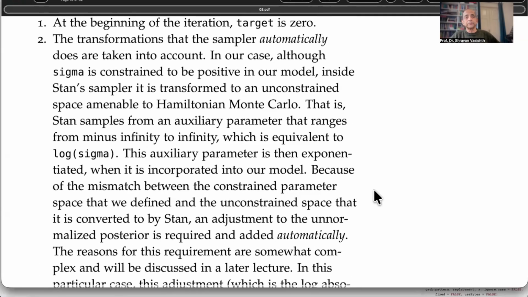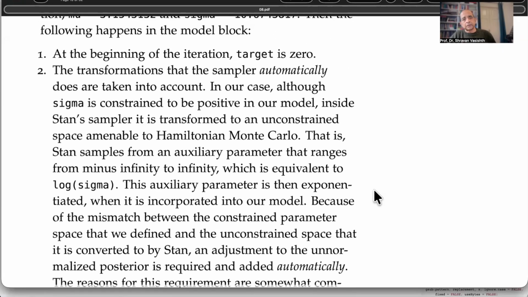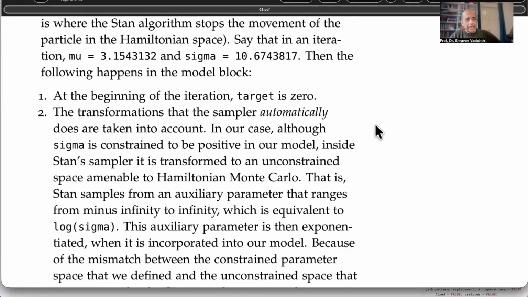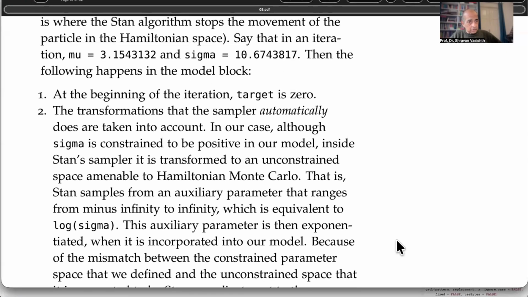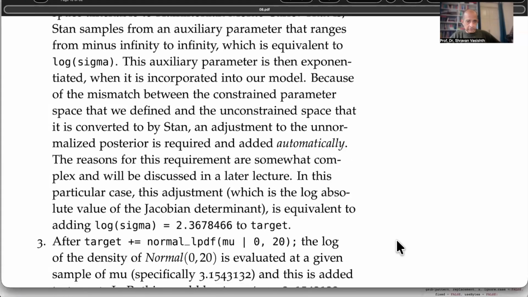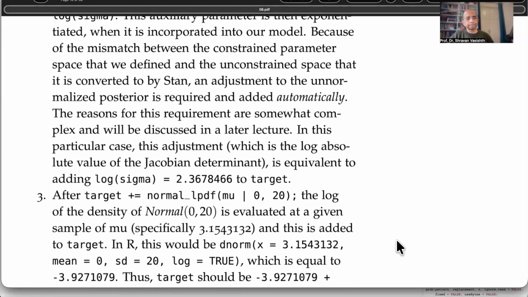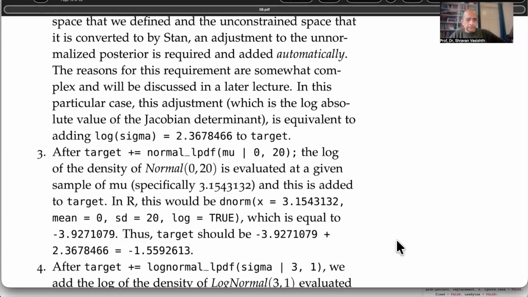What's important is that we are starting with a target value of 0, and our first samples for the parameters will be these two numbers for mu and sigma, 3.15 and 10.67 respectively. We had this value 3.15 for the mu parameter.